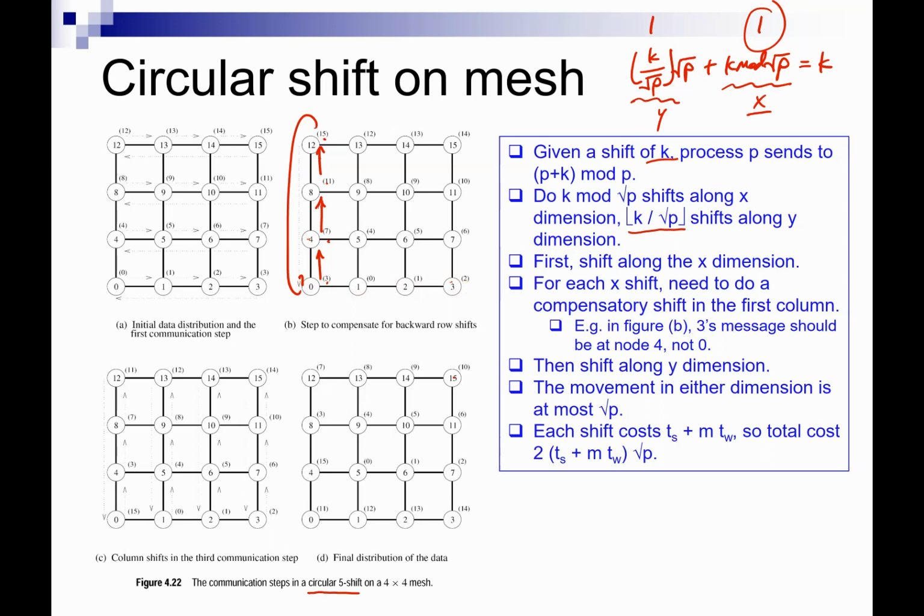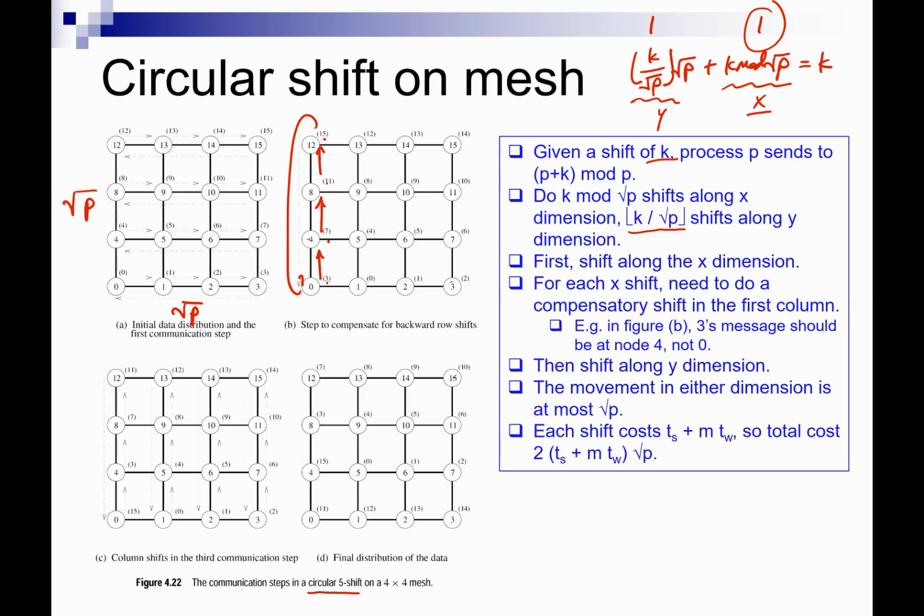Now you notice that the total number of shifts that you need to do in either direction, x or y, is root p, because the size of this grid is simply root p by root p. So at most you can be doing root p shifts in the x direction and then root p in the y direction. Each shift, we can do all the shifts along all the rows or all the columns simultaneously, because all the shifts are using different edges.